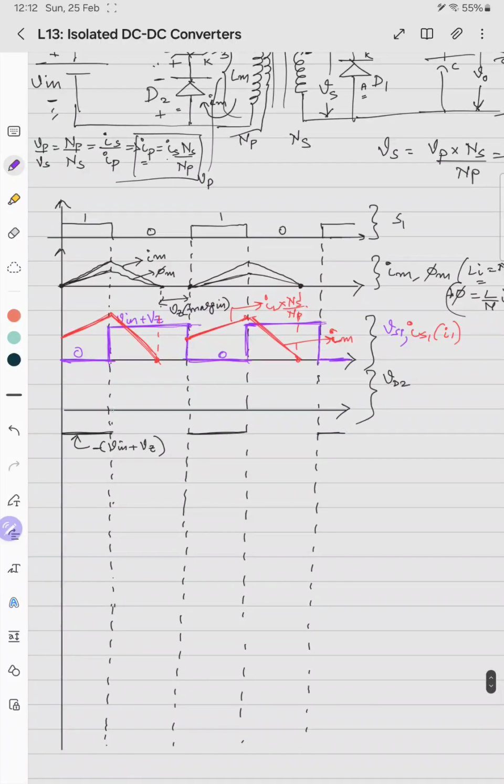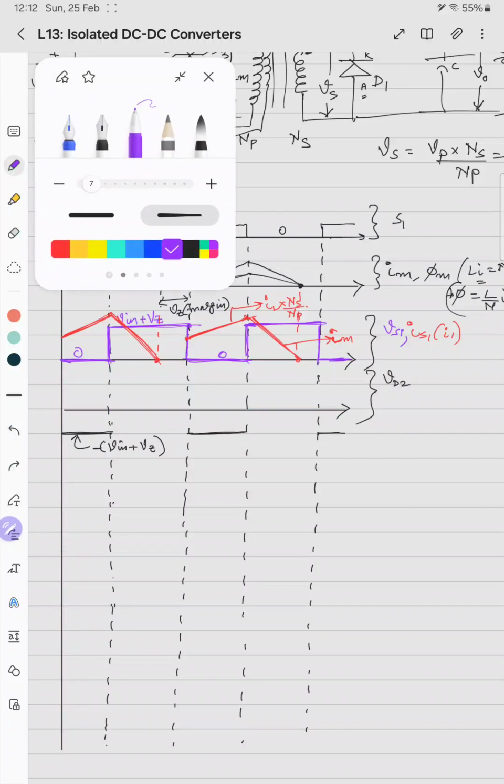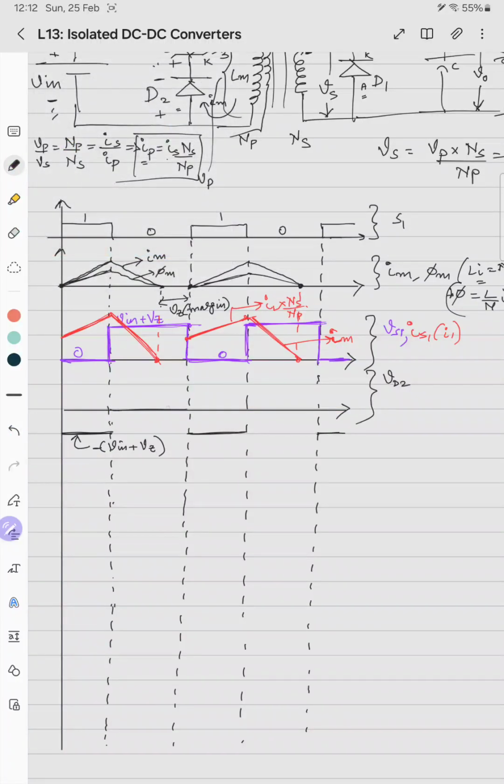During the off time of the switch, the diode is forward biased, so voltage across it is 0. So it goes below the 0 line.